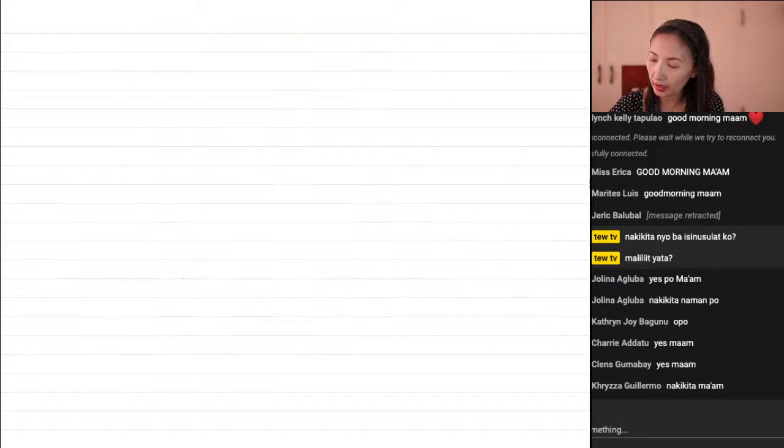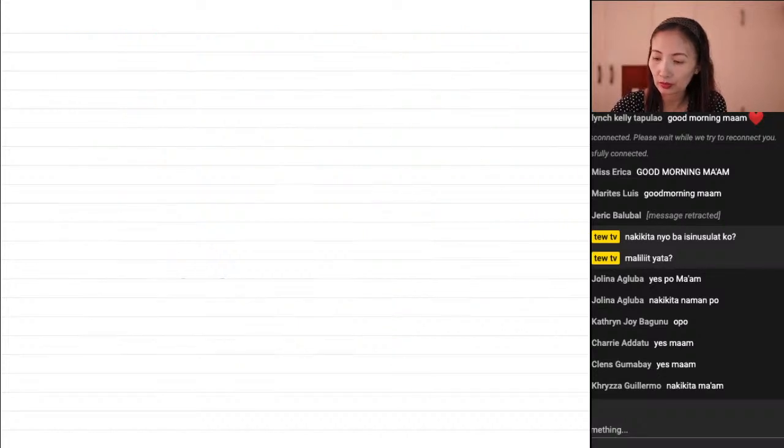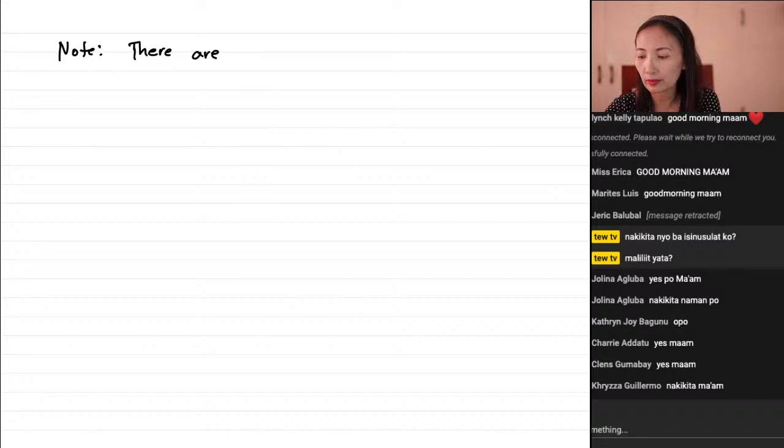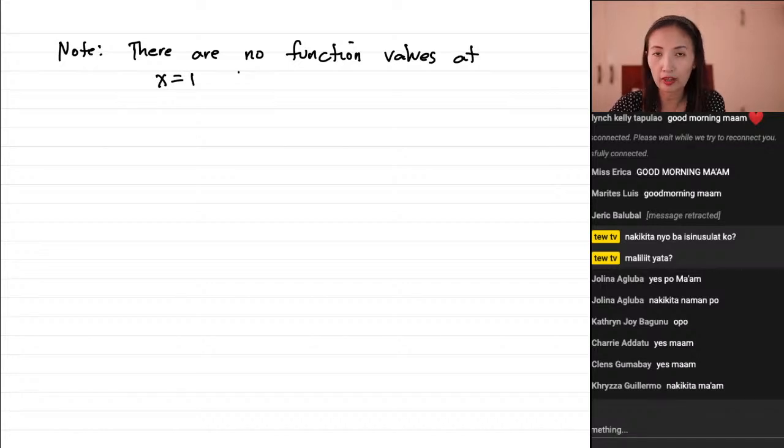Now, let's look at the function values at our critical points. There is no function value, by the way, at x equal to 1 and negative 1, because the function is not defined on these x values.